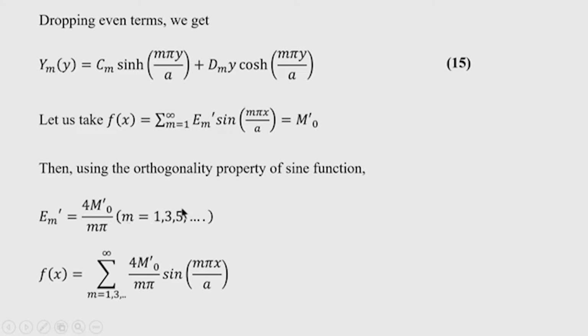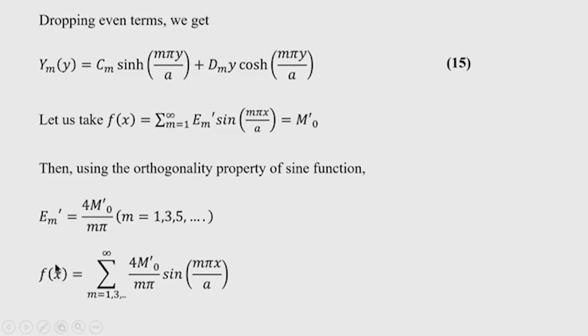Only odd terms need to be taken, because even terms vanish after integration: the cos function will appear, and when you put the limit 0 to a, it will be 0 for even numbers of terms. Cos 0 is 1 and cos 2 pi is also 1, so 1 minus 1 will be 0.